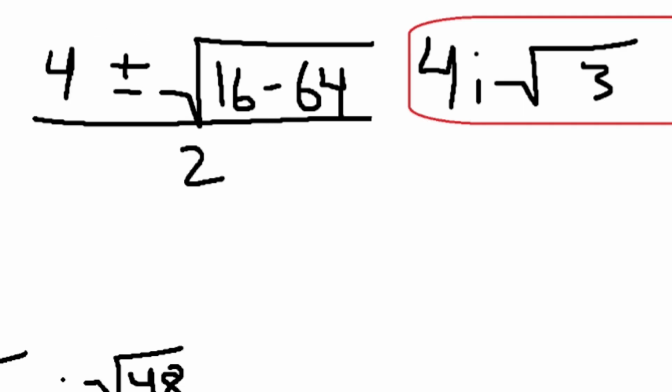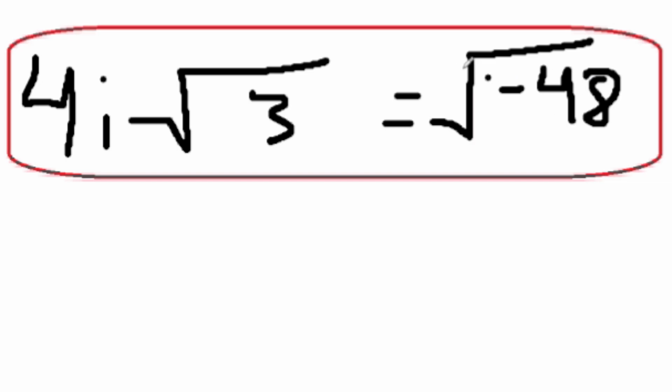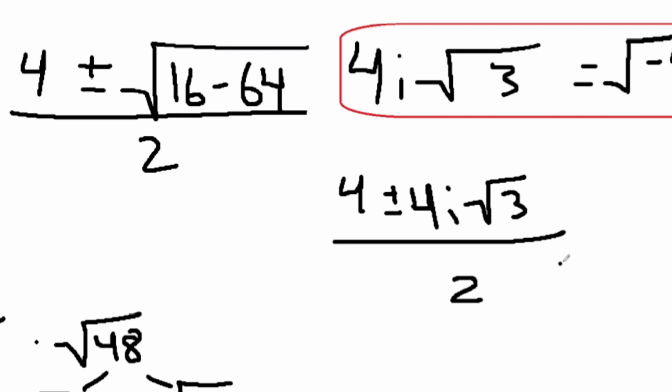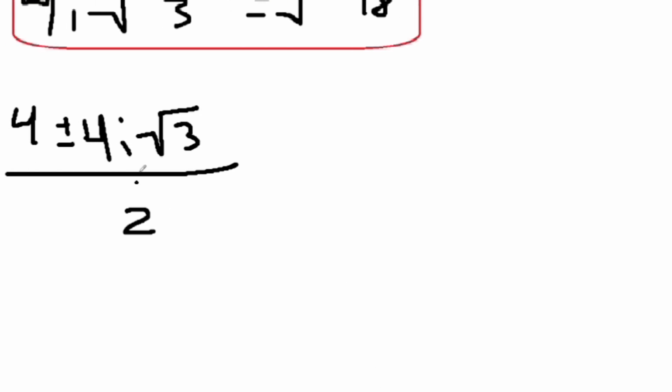Okay, so back here we have 4 plus or minus the root of negative 48 over 2. Now let's substitute the root of negative 48 for this. So 4 plus or minus 4i root 3 over 2. Let's substitute this 2 in here.